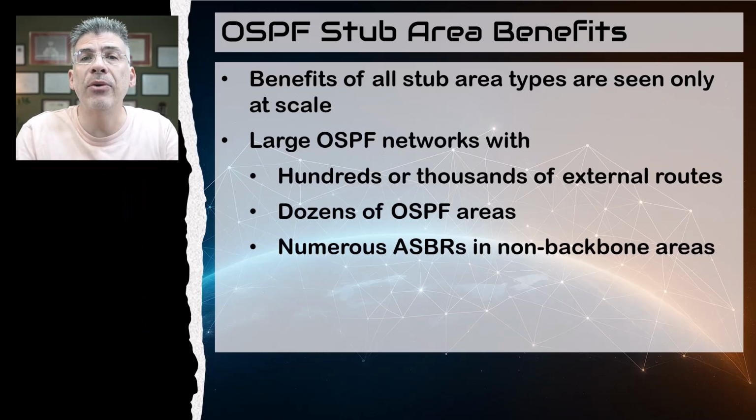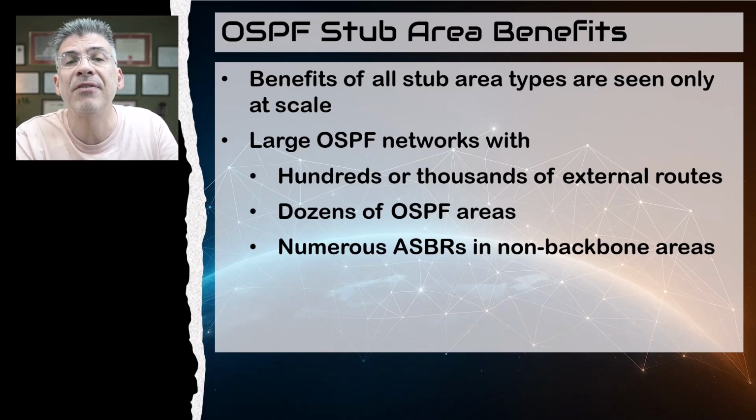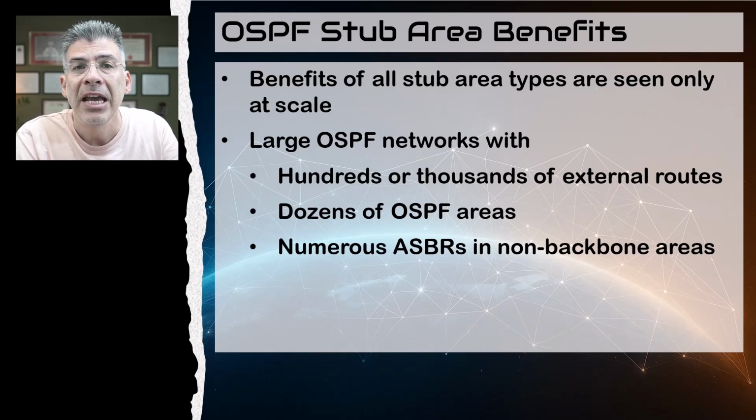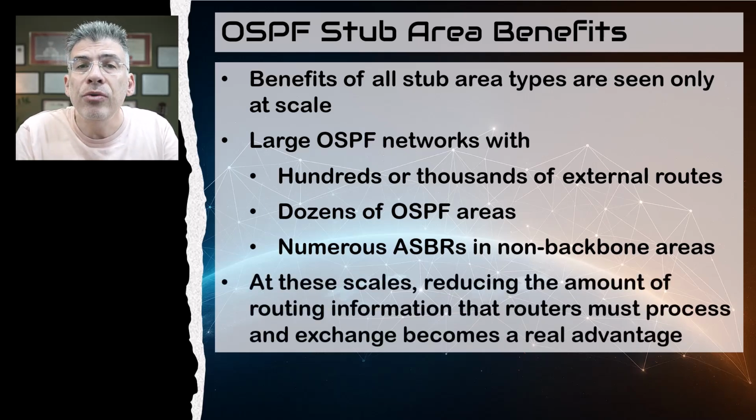Such large networks may have dozens of OSPF areas and a large number of ASBRs in various types of non-backbone areas. In these scenarios, reducing the amount of routing information that routers need to process becomes a huge advantage.